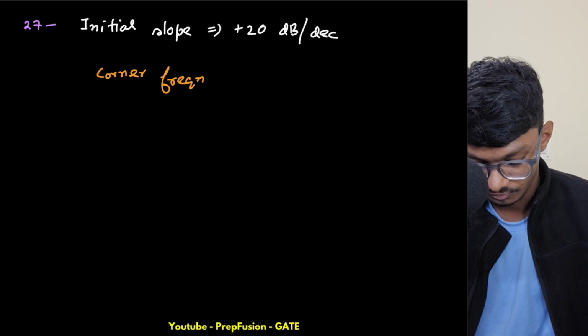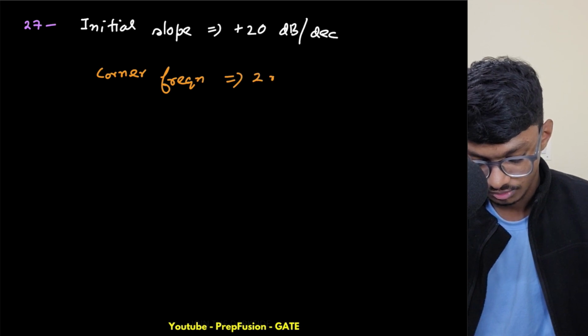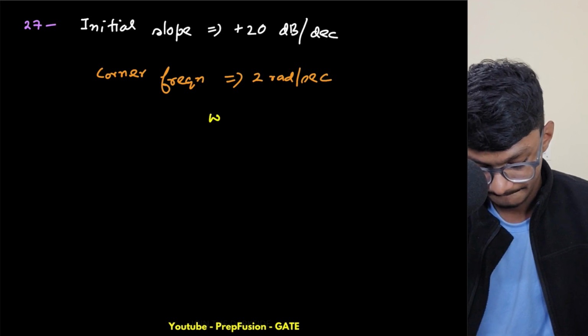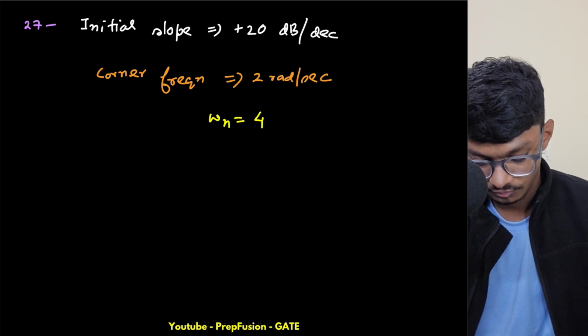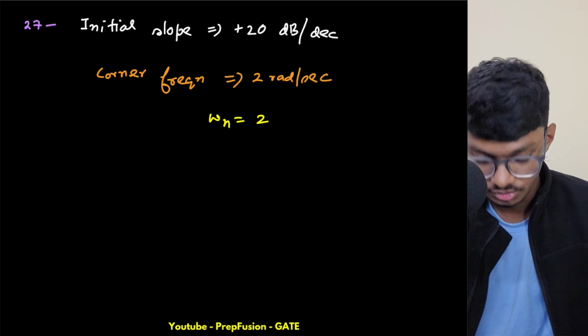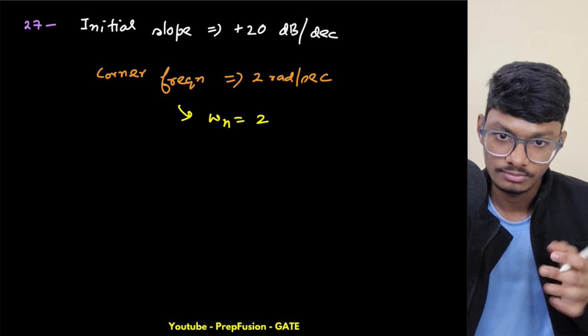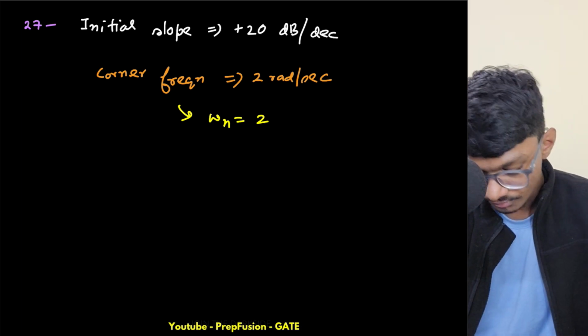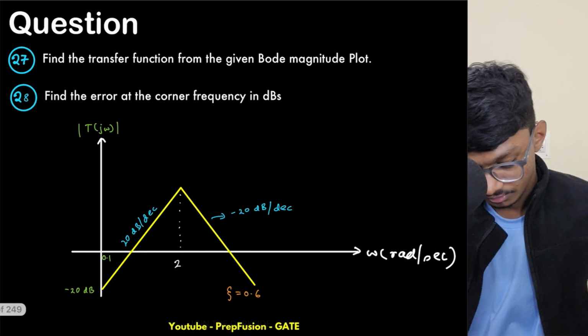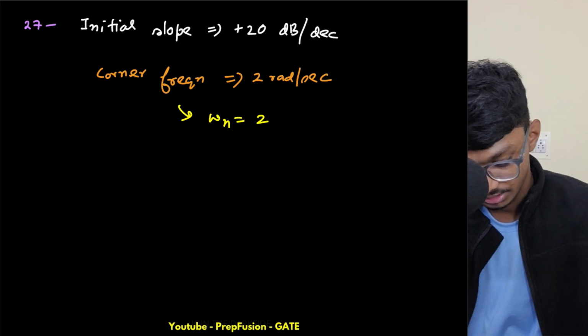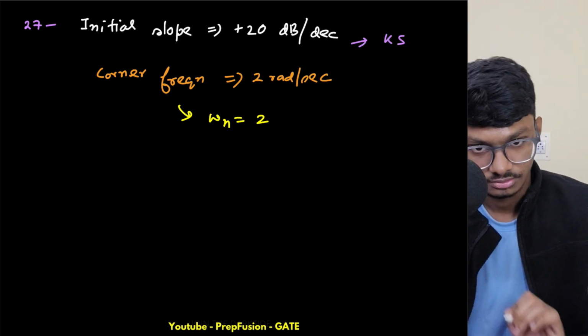The corner frequency of the zeta based system is 2 radian per second, and from here we can find ωn. ωn is 4. Sorry, ωn is 2 itself, because for a zeta based system, ωn is the corner frequency itself. Initial slope is there, so initially I will have something like Ks.